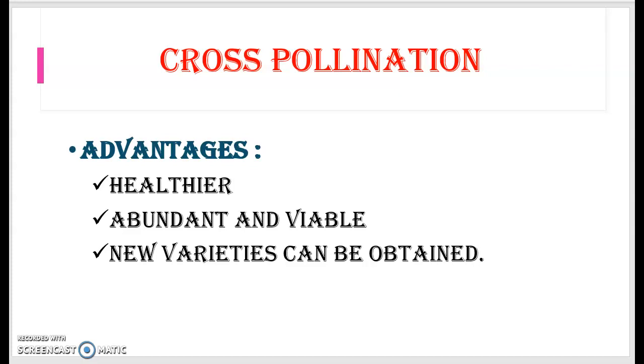I hope you remember the four o'clock plant. What is the four o'clock plant? Mirabilis jalapa, or the four o'clock plant, is one which blooms at four to five o'clock in the evening. That plant, you would have seen, has a lot of colors. There are red flowers, white, yellow, orange, and peach-colored.